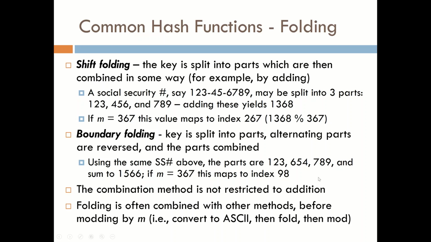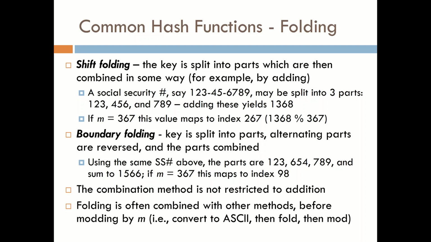All right, so the combination methods here are not strictly restricted to addition. It turns out that most of the time this work is done in the binary world rather than actually using digits as ASCII characters. For instance, we can convert everything to binary and perform operations there.